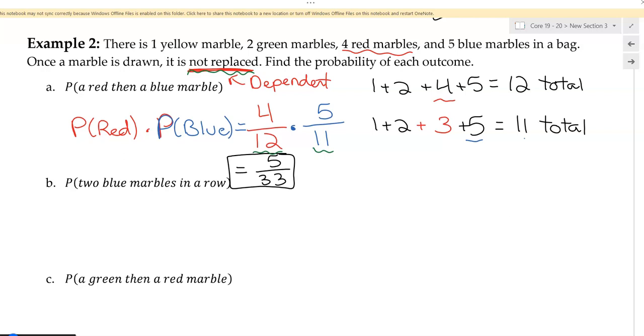Looking at part B, 2 blue marbles in a row. Remember, that's the same as saying blue and blue. So I'm going to do the probability of blue times the probability of blue.